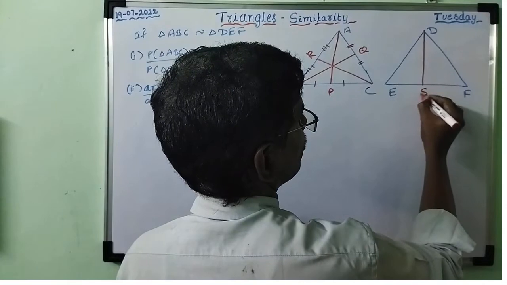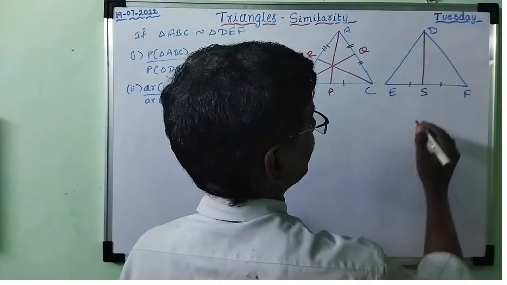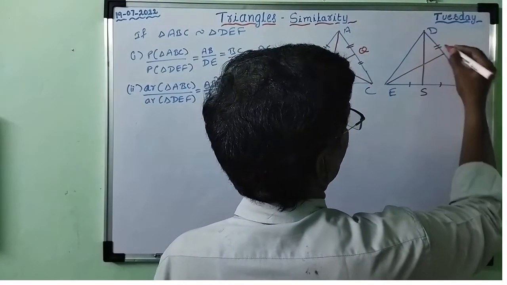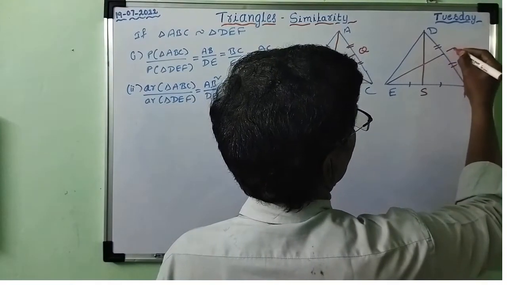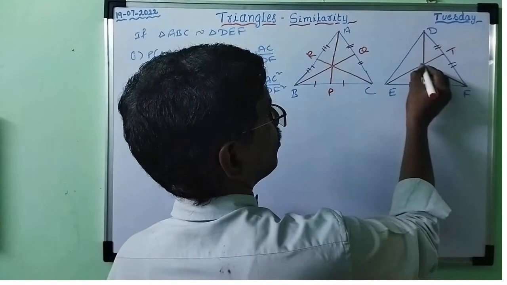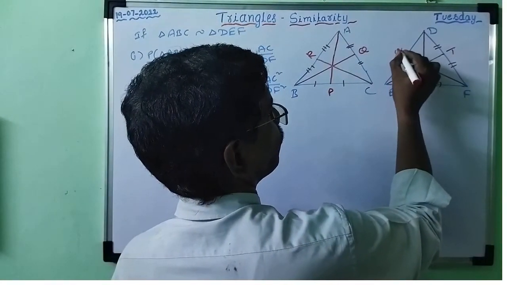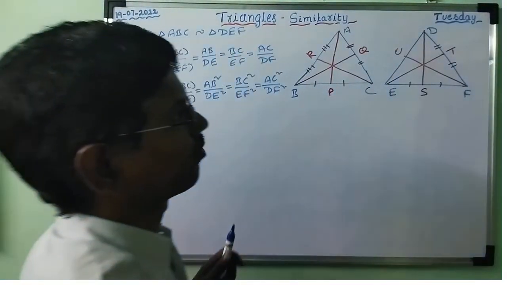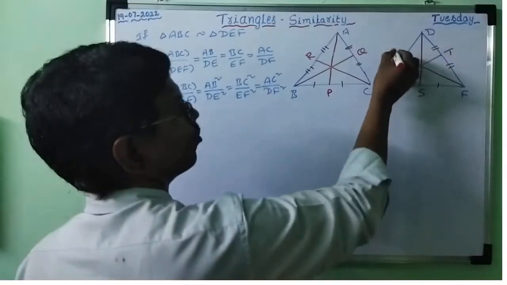Yes, this is median, DS is median, ET is median, FU is median. Then what about the medians ratio?